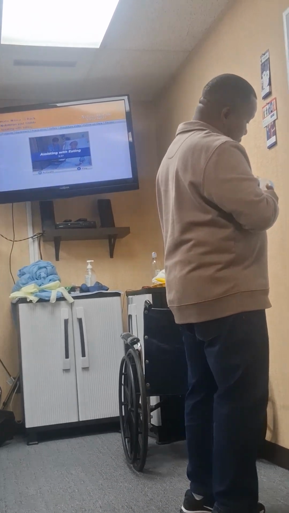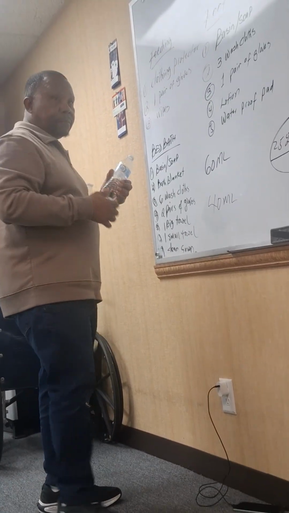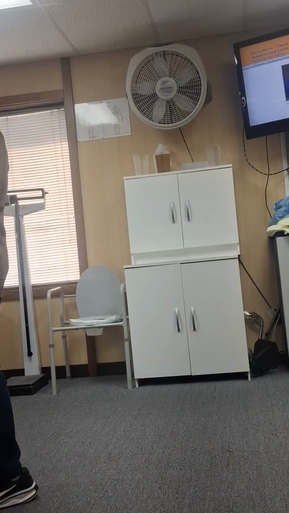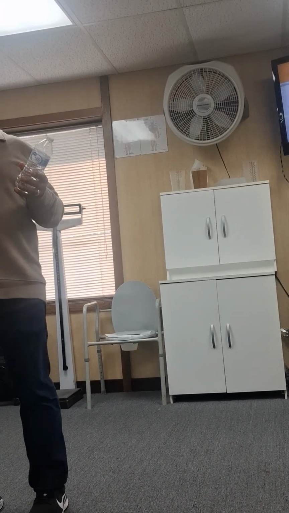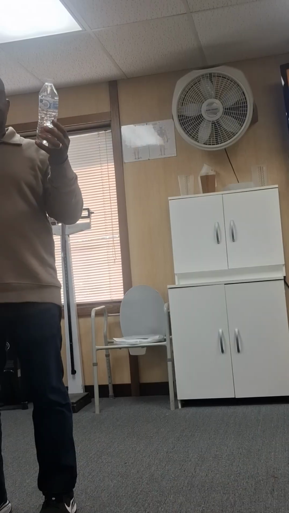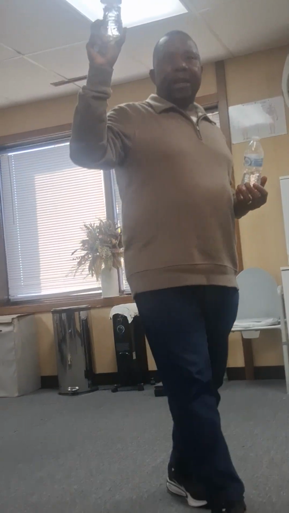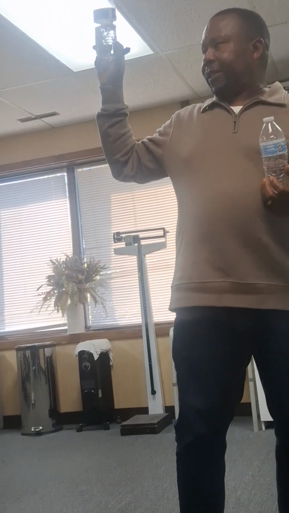All of them are full. It's not half. Before you started feeding them, it was all to the top, to the brim. So, I drank from both of these. If this is water, this is the amount of water I drank. Water is 60 milliliters. Is this half or less than half?